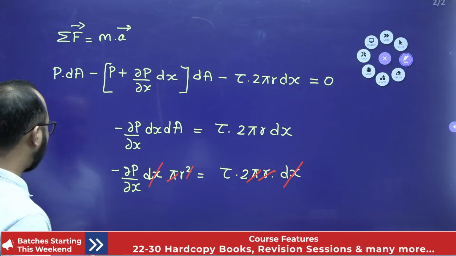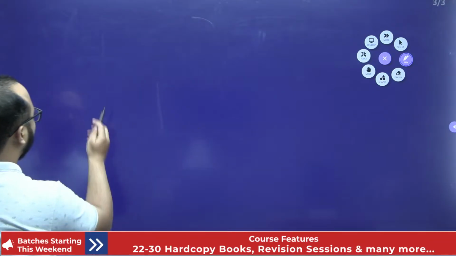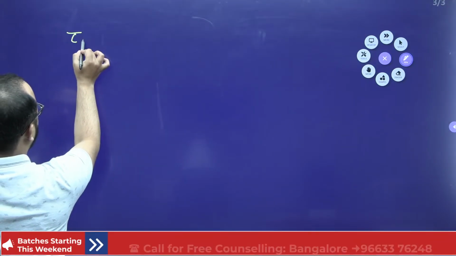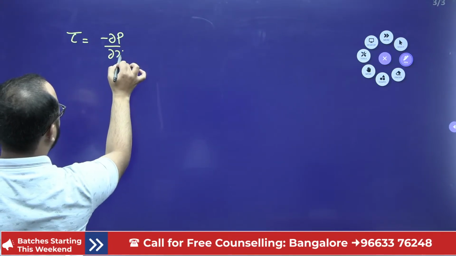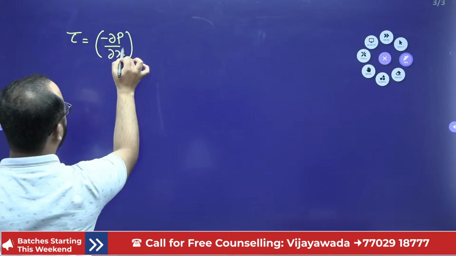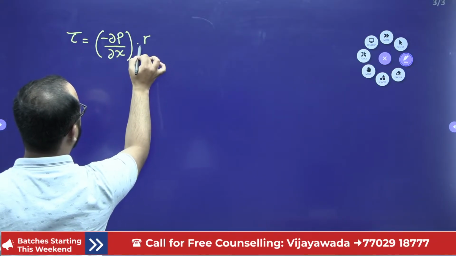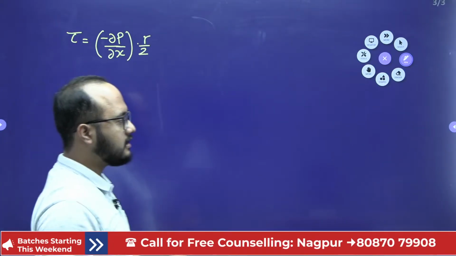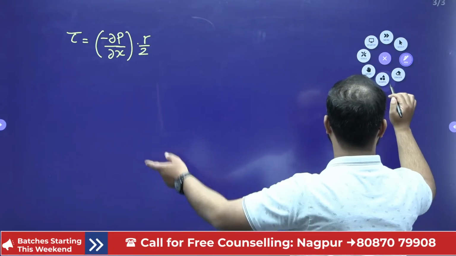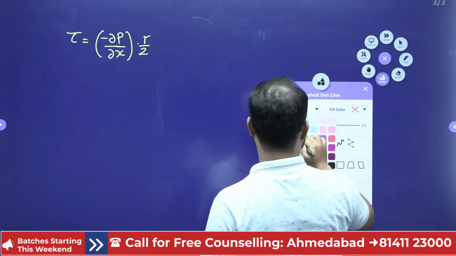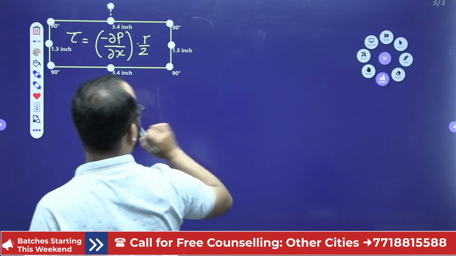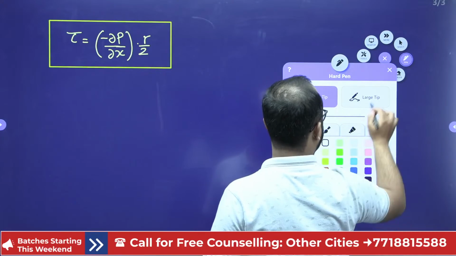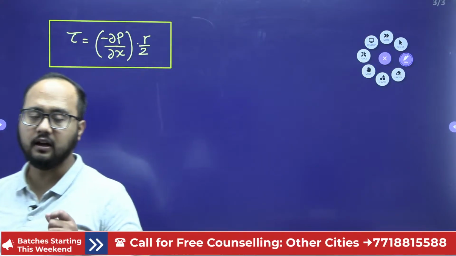A very important relation we are getting here: τ = −(∂P/∂x)(r/2). This is the relation that we have derived just now, and we need to remember it, very very important.